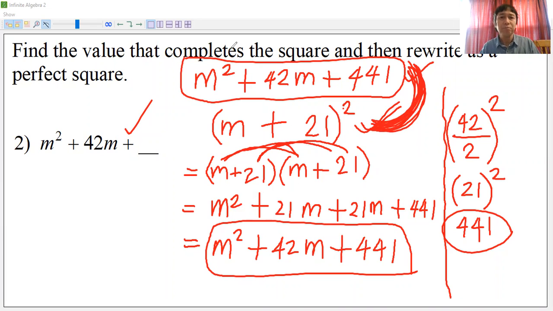I hope you were able to get the method. We started from the number, divided it by 2, and squared the result. That's the first requirement, the number to be added. After doing the addition, you will turn it into a perfect square. And this is what we did over here. So we'll go to the next.